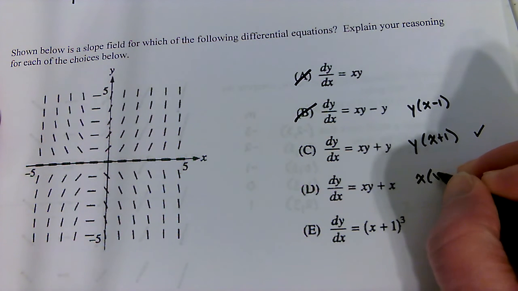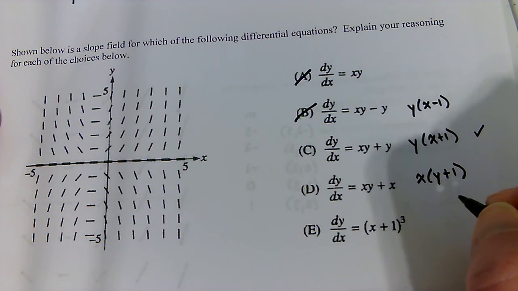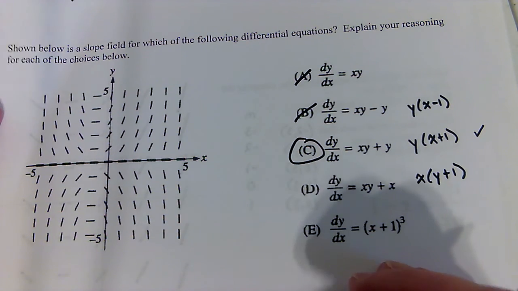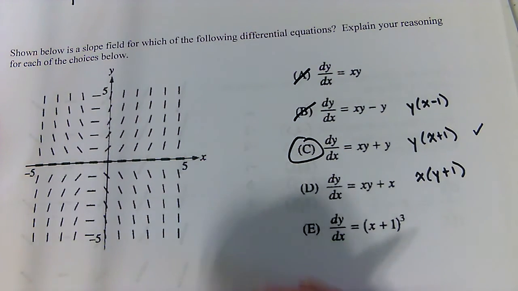This one is when x is 0 and when y is negative 1. Oh, this is it. You could also pick random points, plug them in, see what you get. Okay.